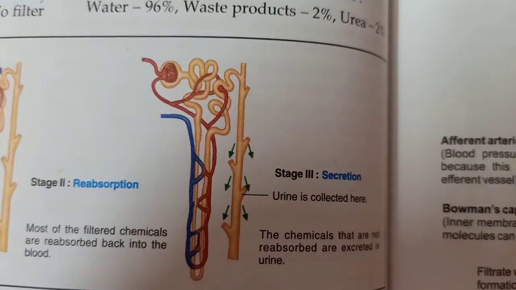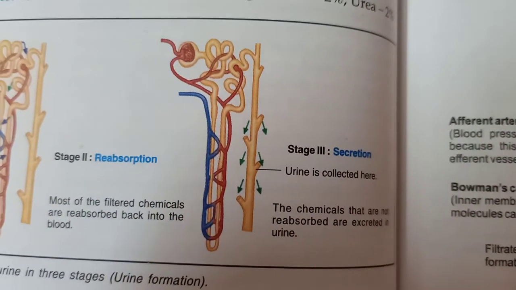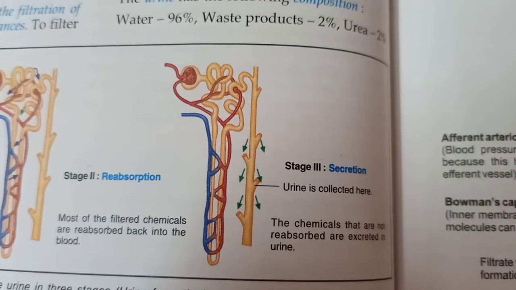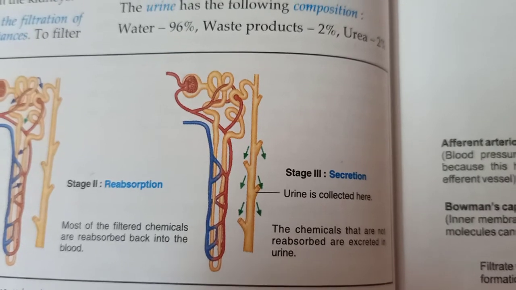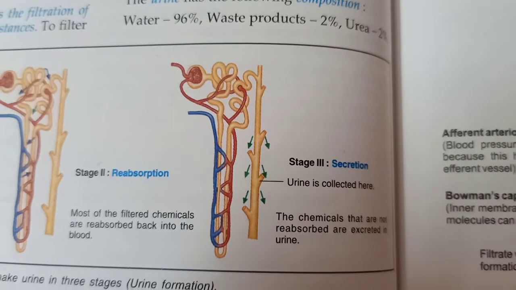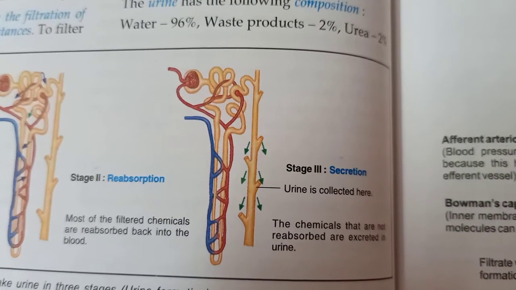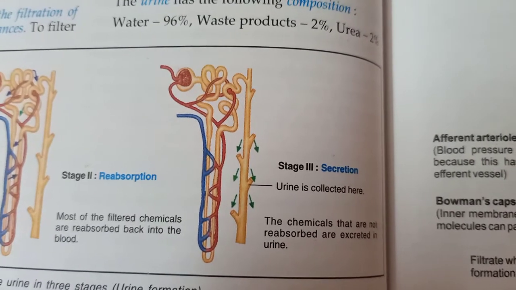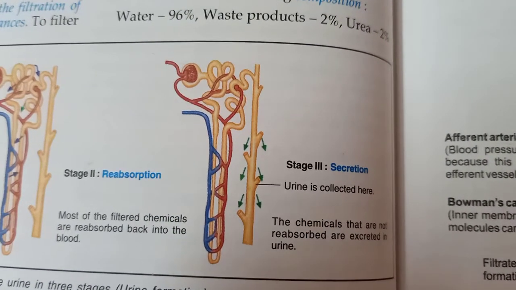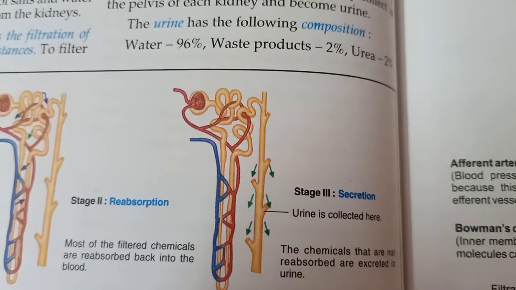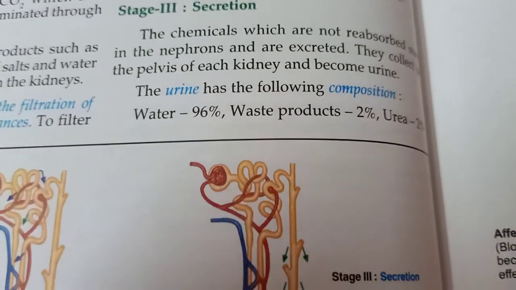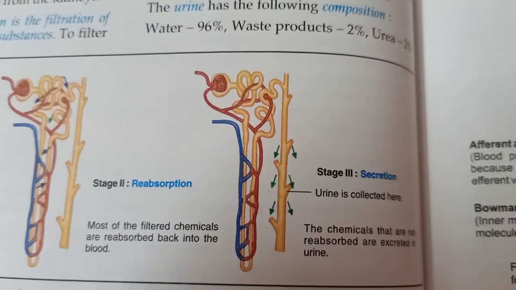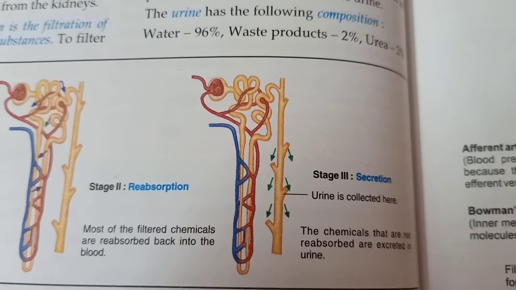This is the third stage of urine formation, that is secretion, and the urine is collected in the collecting duct. The chemicals that are not reabsorbed are excreted in the urine. So this is the process of urine formation, and soon I will upload the next video for you all.